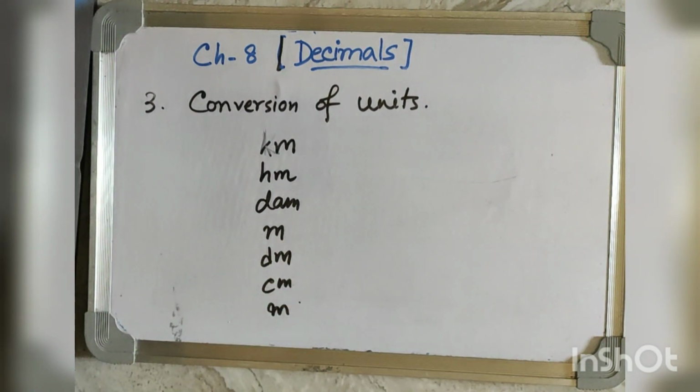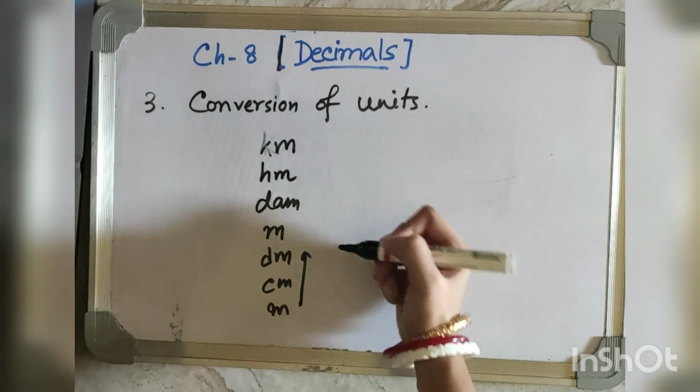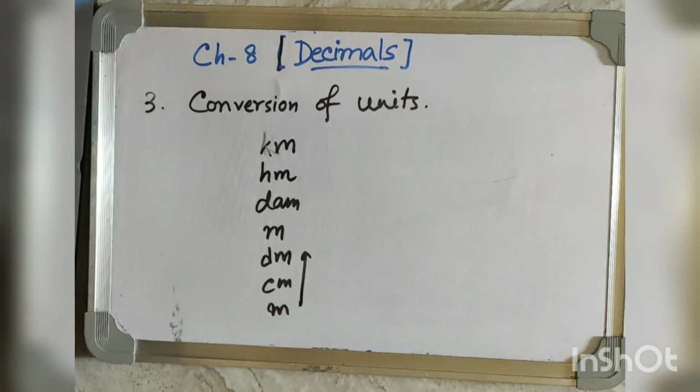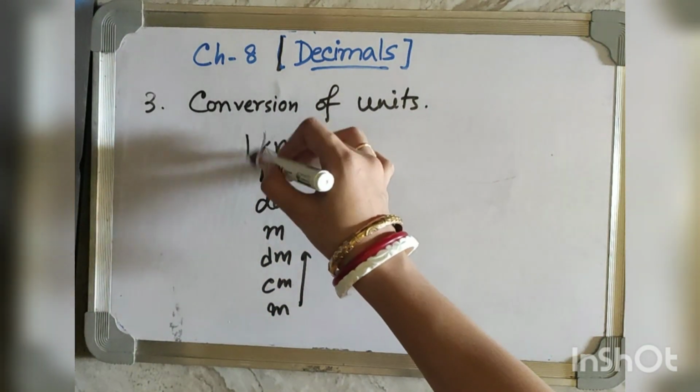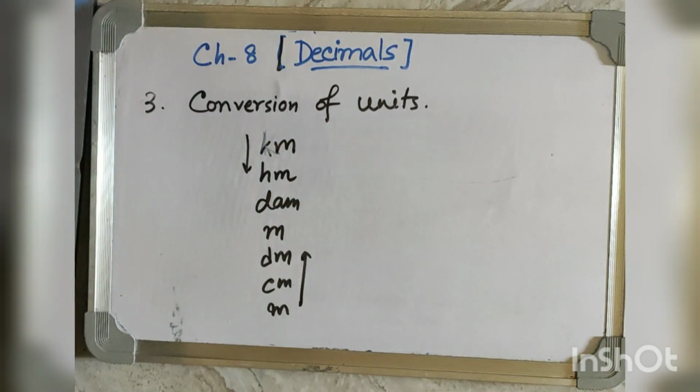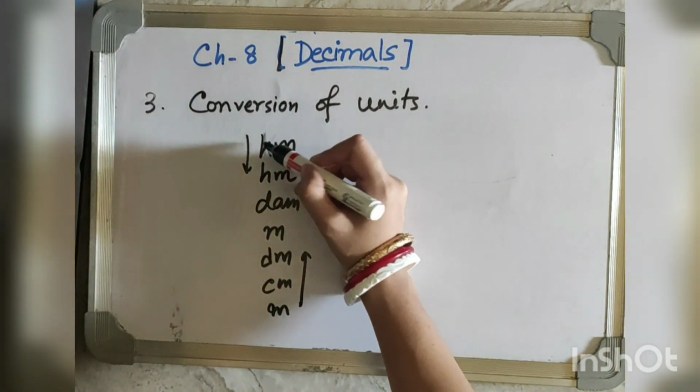Whenever we go towards the upward direction, we will divide, and whenever we go towards the downward direction, we will multiply. This was our rule. Now suppose a conversion is given in this way.